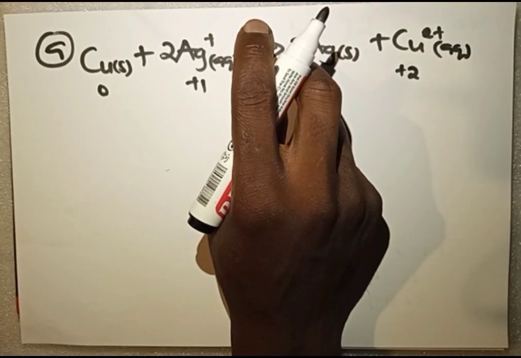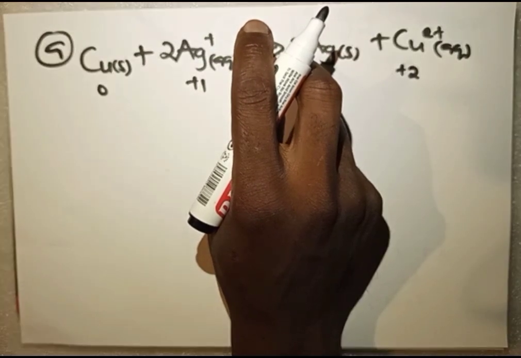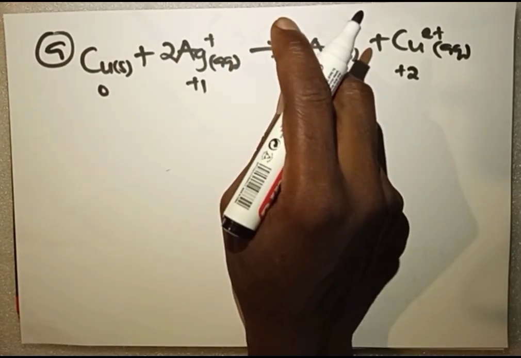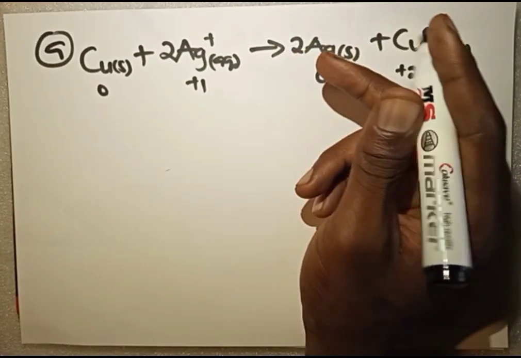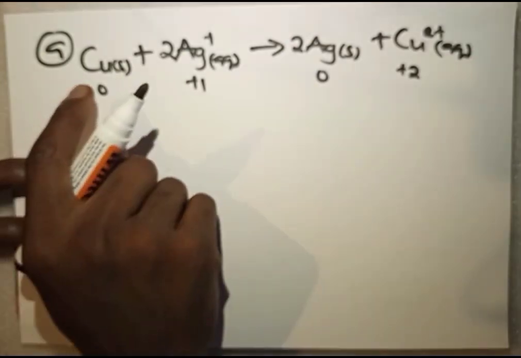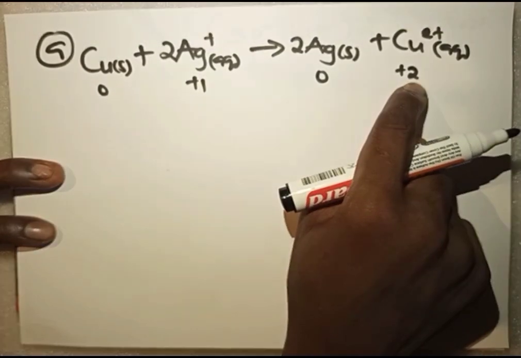The next thing is to identify the oxidizing agent, the reducing agent, the substance that is being oxidized and the substance that is being reduced. So we'll start with copper. The oxidation number of copper has increased.